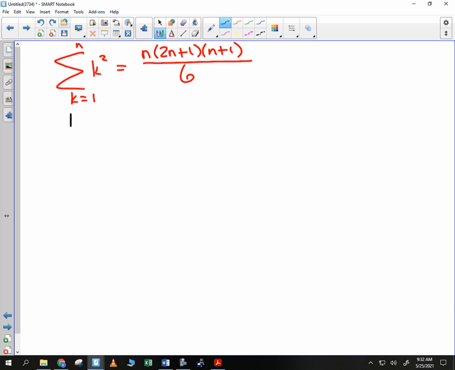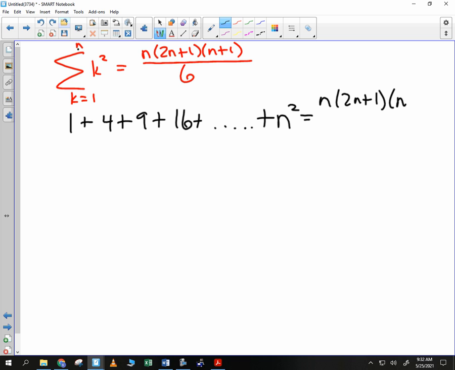So 1 plus 4 plus 9 plus 16 plus ... What is the last thing that you plug in? N, and you get n squared is equal to n times 2n plus 1 times n plus 1 divided by 6. So somebody comes to you and says, what is the sum of the first 10 perfect squares?